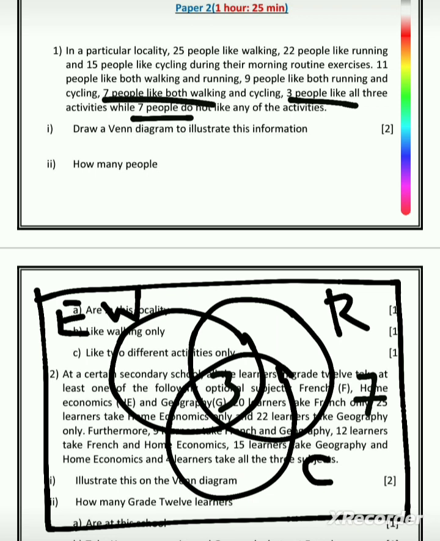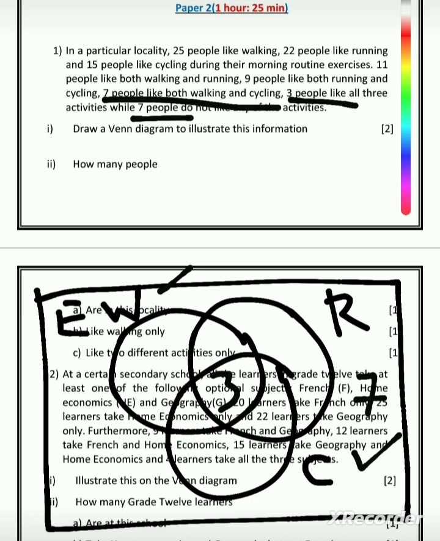7 people like both walking and cycling. They haven't said walking and cycling only, meaning that among these 7, there are some who may also be interested in the third activity, which is running. But they have said 7 like walking and cycling, so they're supposed to be here because they like both.